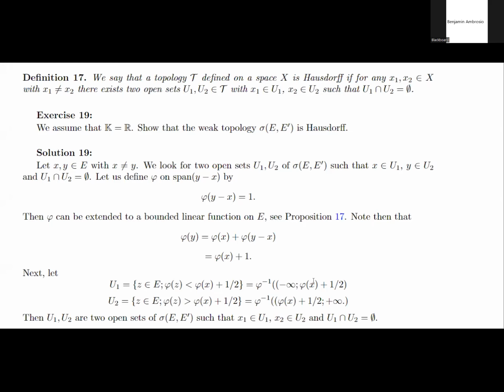No value of R can be at the same time in this interval and in this interval. So also phi minus 1 of this interval and phi minus 1 of this interval, their intersection is an empty set.